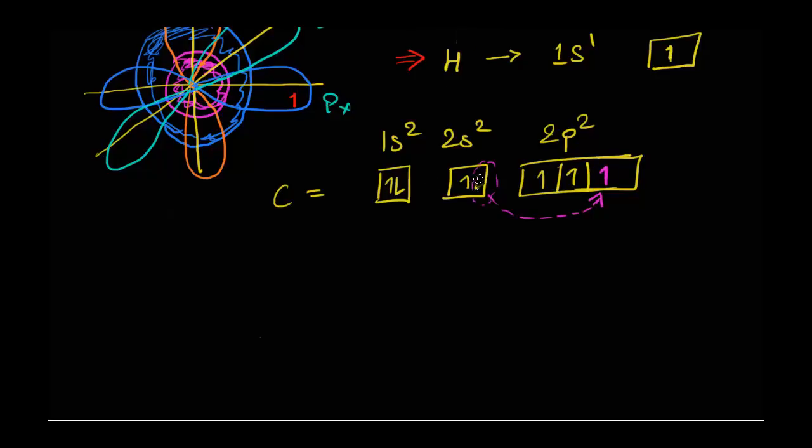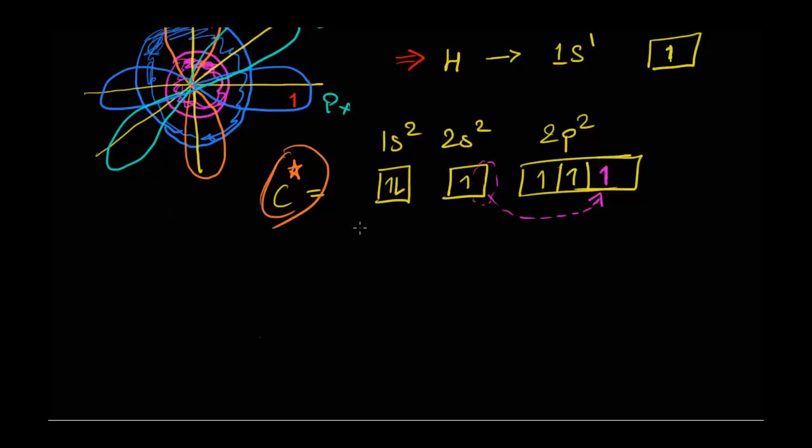So let me erase it from here, and it will go into the p orbital. Now carbon looks something like this. This is called the excited state of carbon, where one electron gets excited from the 2s orbital to the 2p orbital.